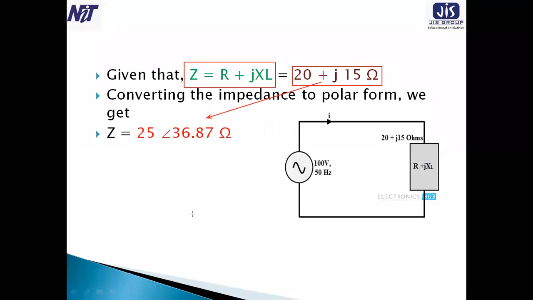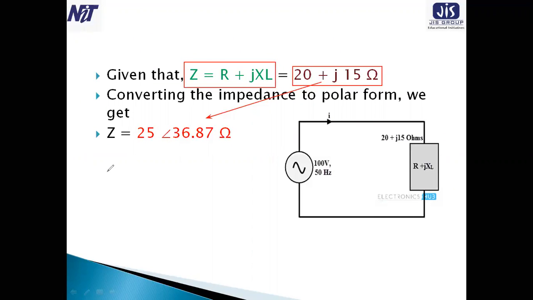So that means we have to convert the impedance from 20 plus j15 to polar form. You need to understand that first.